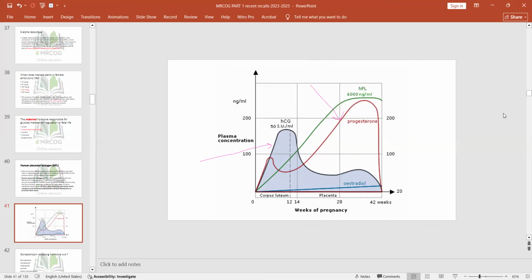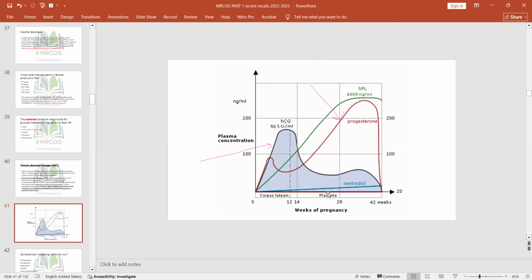So if 12 is between the options, go for 12. Outside pregnancy. In pregnancy, it's going to stay alive for how many weeks? 10 to 12 weeks. Yes, 12 weeks by far. The first trimester, you can remember it this way.